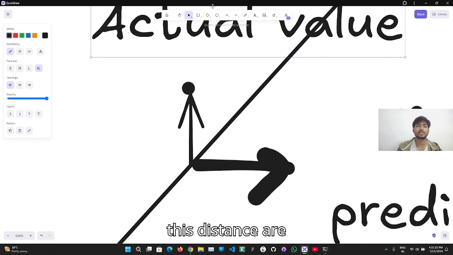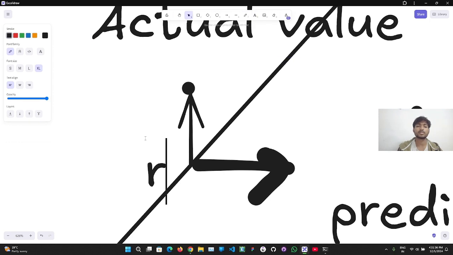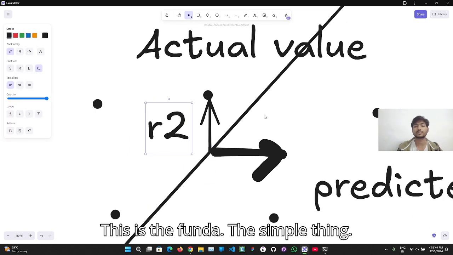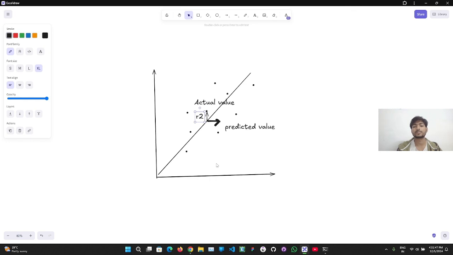This distance is being squared. So this is the fundamental, simple idea.